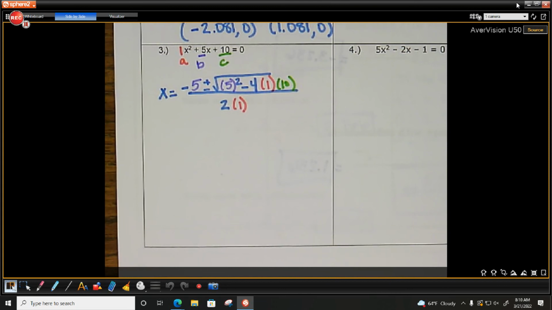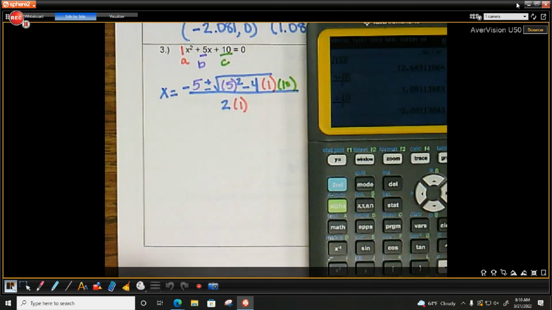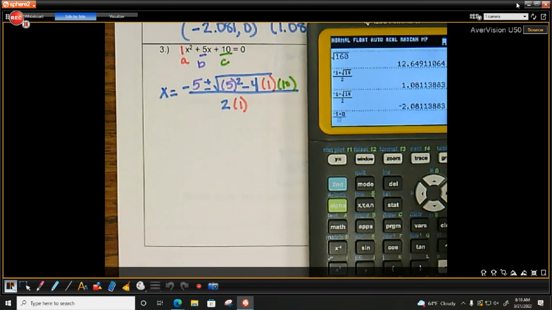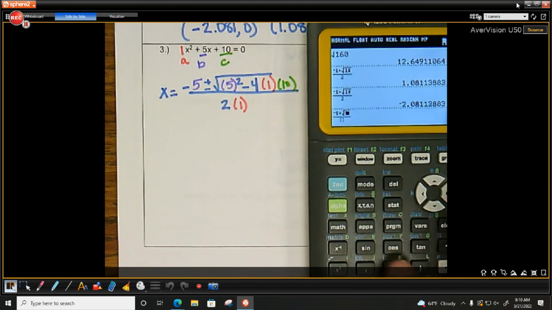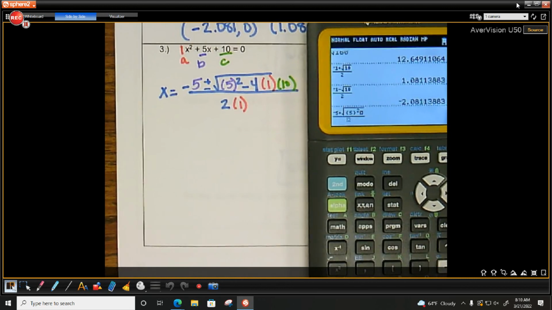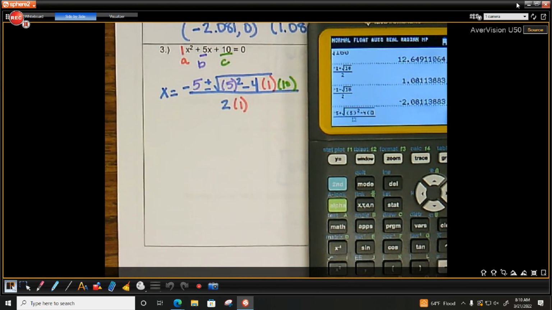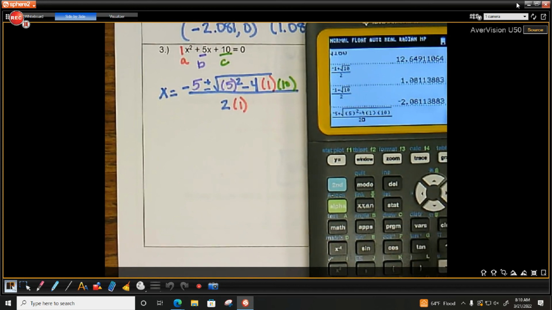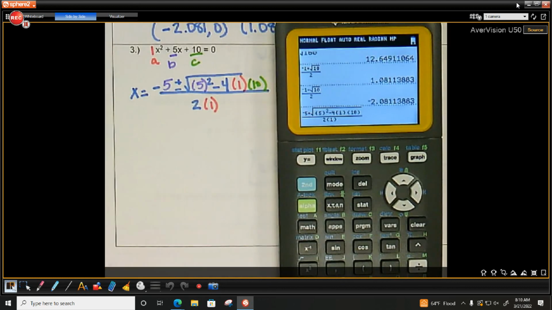Okay, let's type this all in our calculator, all at once. Negative 5 plus the square root of 5 squared minus 4 times 1 times 10 all over 2 times 1. Type it all in your calculator.